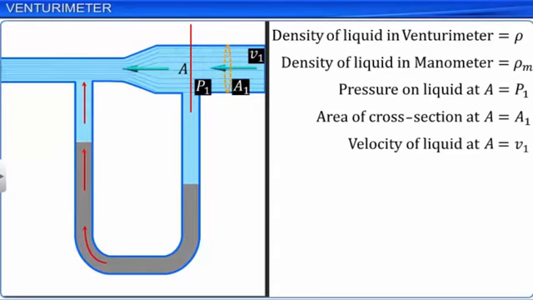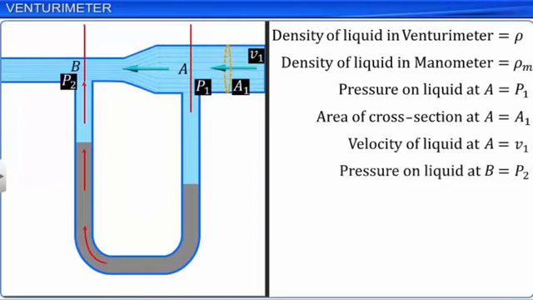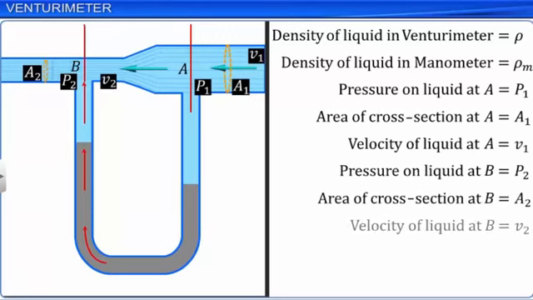Therefore, the liquid in the manometer limb connected to the constriction rises. Consider a point B on constriction. Let P2 be the pressure on the liquid, A2 be the area of cross-section, and V2 be the velocity of the liquid at B.